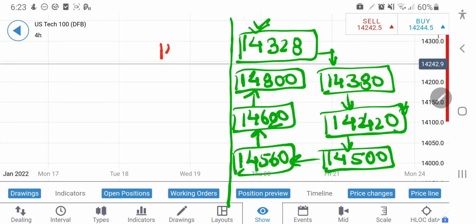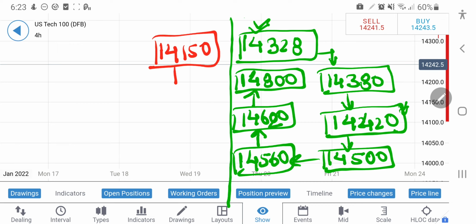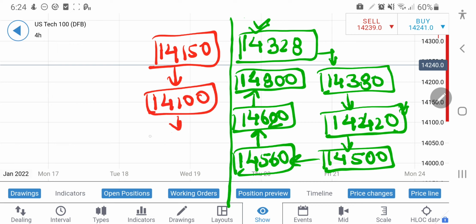Now the only short I will recommend is below 14150. Once 14150 is taken, my next target is 14100, 14040.